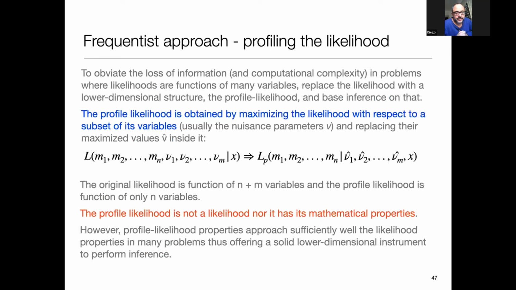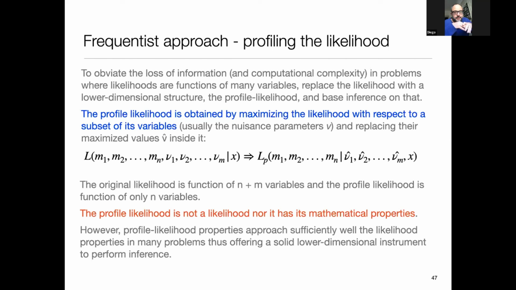A shortcut for that is to reduce the dimensionality of the likelihood using the so-called profiling, which consists basically in moving from the full dimensional likelihood here on the left, which depends on the full set of physics parameters and the full set of nuisance parameters, to a simpler mathematical structure, which is called the profile likelihood.